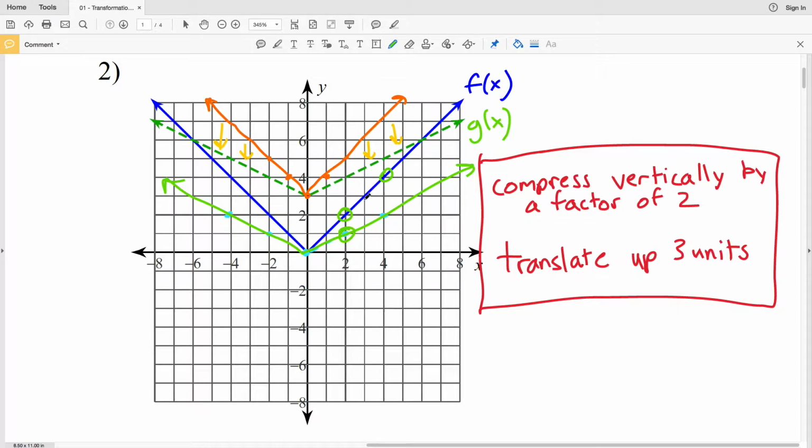So you can see that it is indeed compressed by a factor of 2. 2 divided by 2 is 1, 4 divided by 2 is 2, 6 divided by 2 is 3, 8 divided by 2 is 4, and so on. So it's easiest to figure out compression if you start from the same point, 0, 0 on each function, and see how much that function is expanded or compressed either vertically or horizontally.